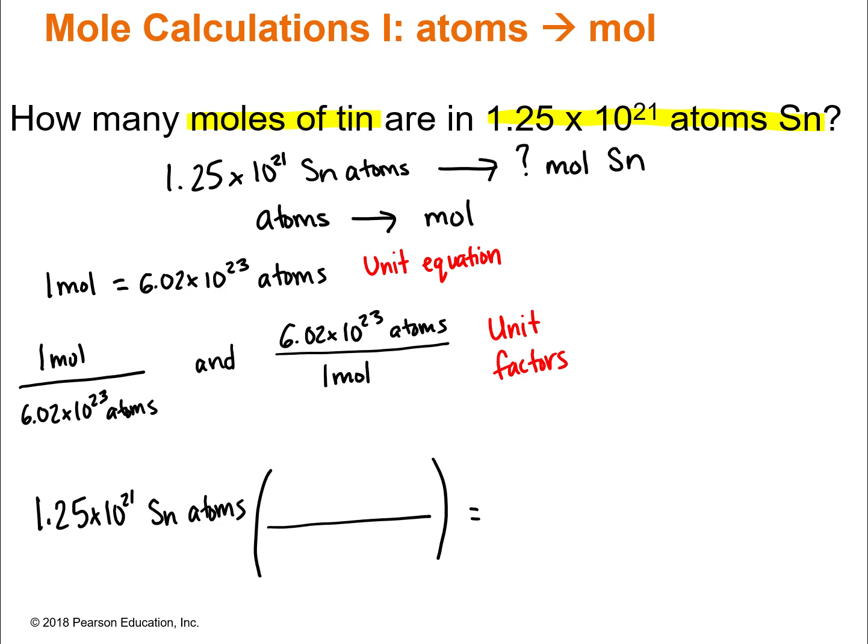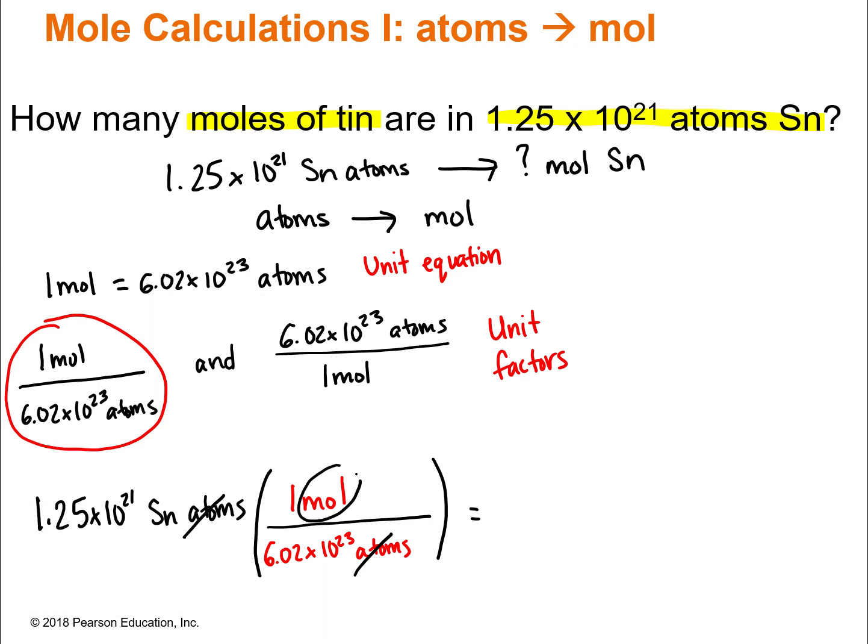We need to have atoms in the denominator to cancel it out. Atoms cancel. We're left with moles, and that's exactly what we want. When you have a number in the numerator and a number in the denominator, you have to divide. So 1.25 times 10 to the 21 divided by 6.02 times 10 to the 23rd.